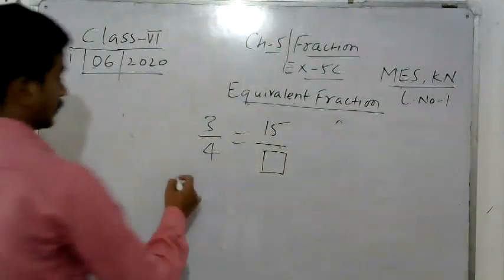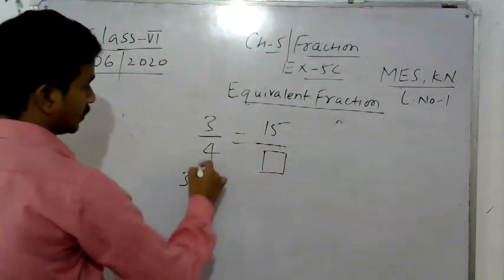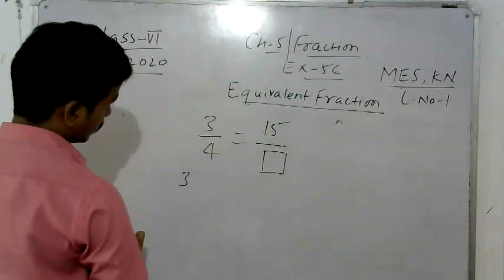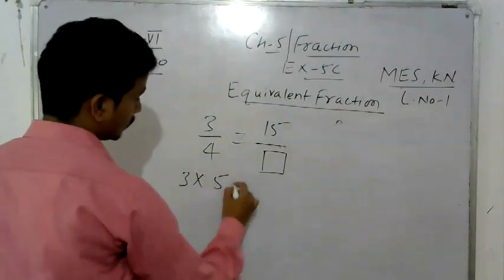So how can we write? See, what should be multiplied with 3 so that we will get 15? We have to multiply 3 with 5.